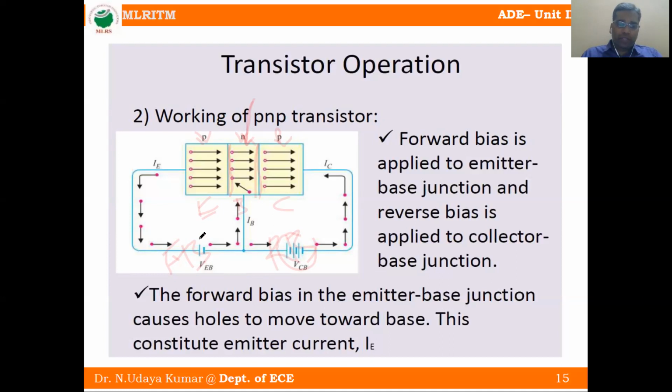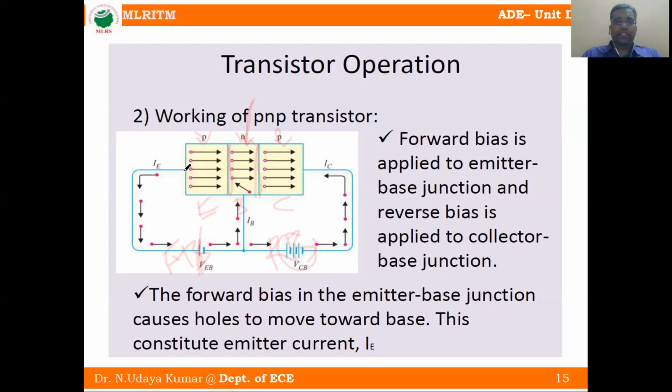So this is the positive terminal. This positive terminal is connected to the P-type. P-type means majority charge carriers are holes having positive charge. So this positive is connected here.